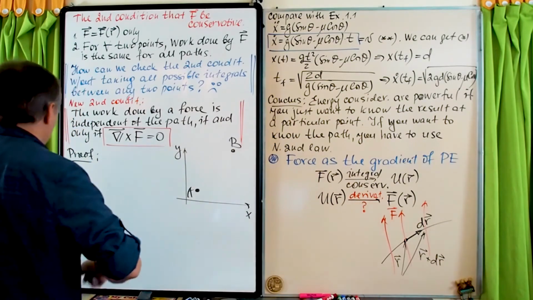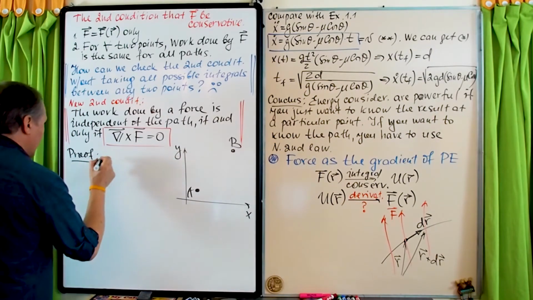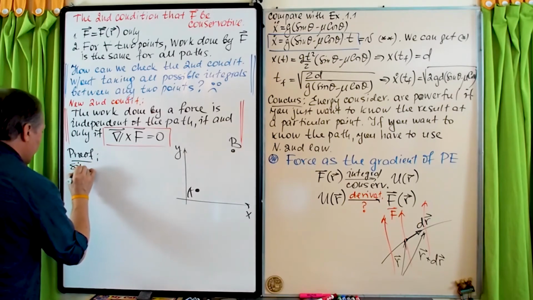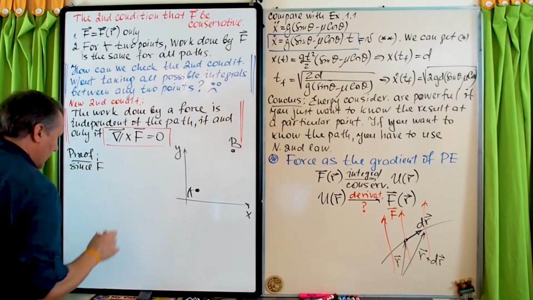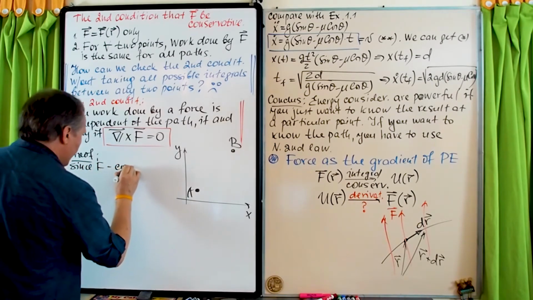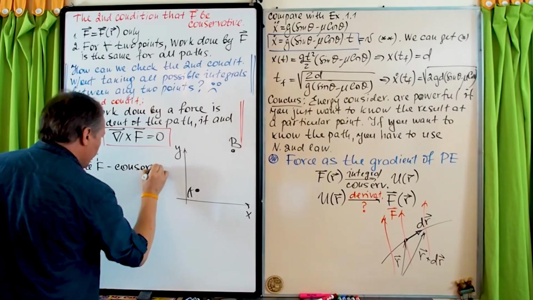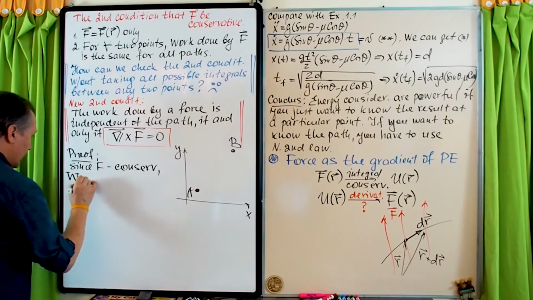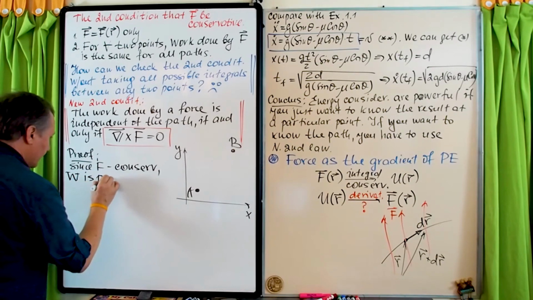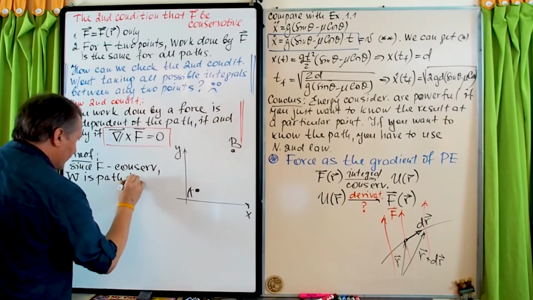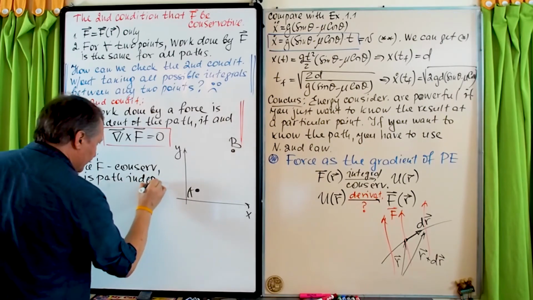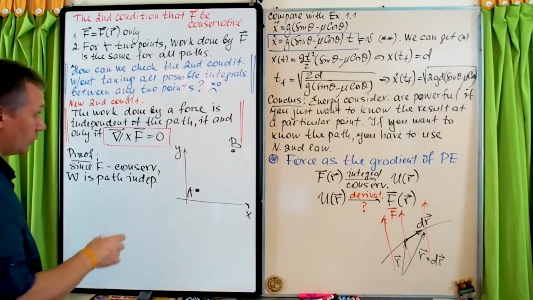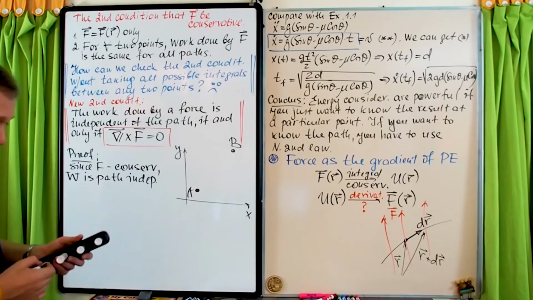Since F is conservative, then work is path independent. So it means that we can take any path.